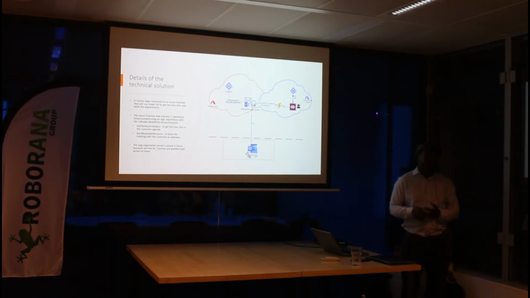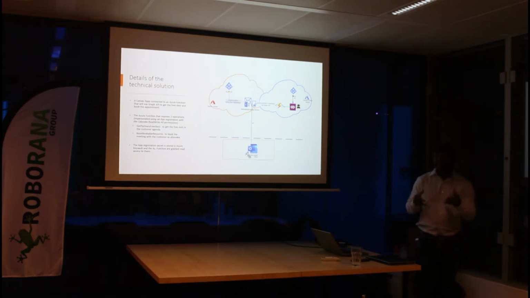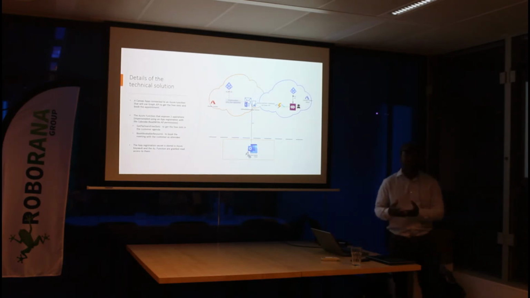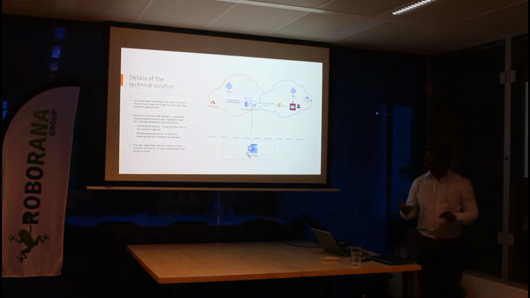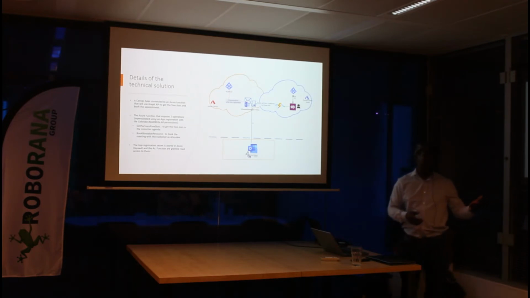Basically, you need to have a consent, permission to read the free and busy slots. So you're not allowed to see the content of the agendas, nor the content of the emails. But you can see what we call the free/busy slots. Even in your Outlook, you can share those with your colleagues.